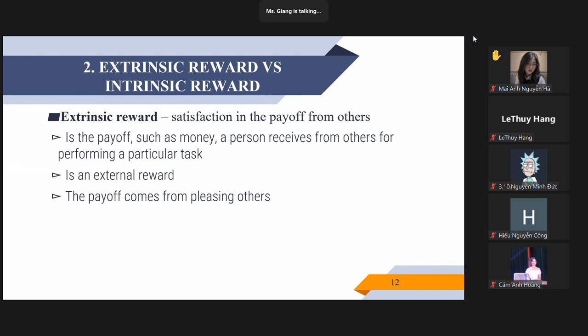Besides money, we have a lot of forms of extrinsic reward. For example, you can receive a compliment, right? The nice word. You can receive a medal. You can receive a certification, etc. So as long as it comes from other people, it will be extrinsic reward. It is the reward that you receive from other people.